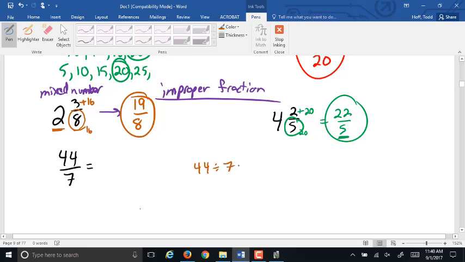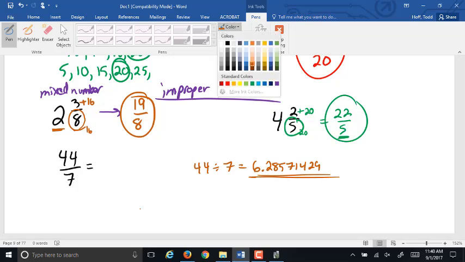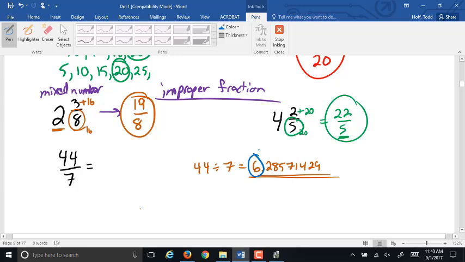Well, you could try to divide it out. If you punch that in your calculator, 44 divided by 7, you'll get something like 6.28571429 approximately, which tells us that that is 6 whole objects with pieces left over. The key is how many pieces are left over.